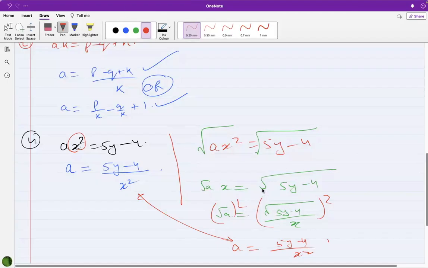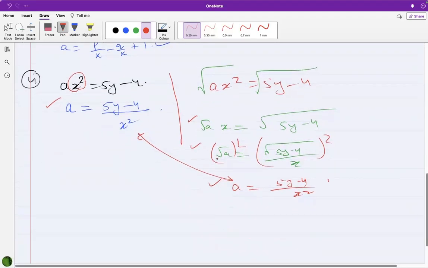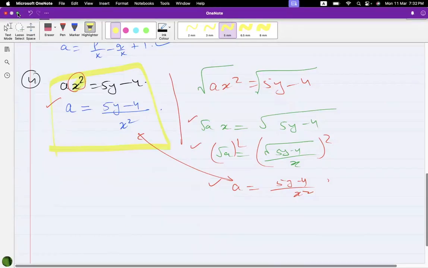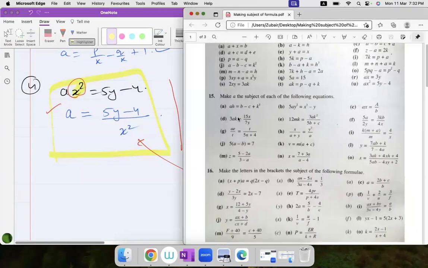That's a much longer part, like 1, 2, 3 steps. And this was just one step. Wait, how did the one step go? You just divide by x squared on the other side. Oh, okay. Yeah, okay. The x squared just divides on the other side. Okay. Make A the subject of the formula.